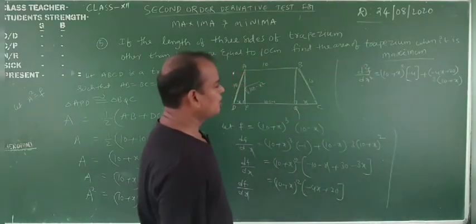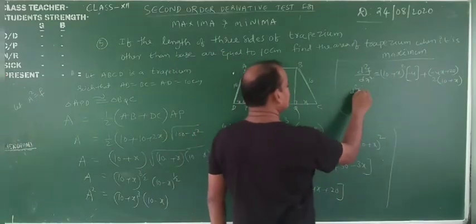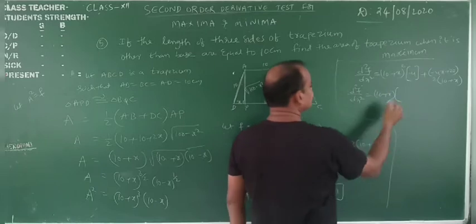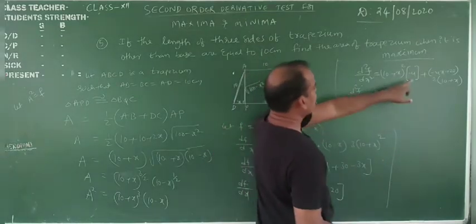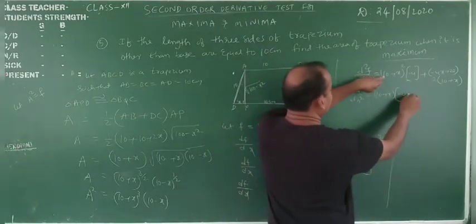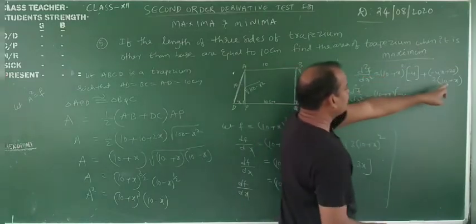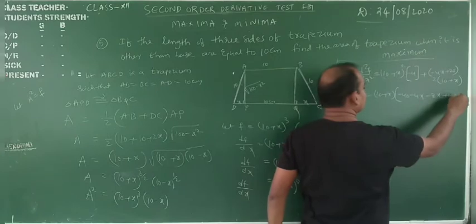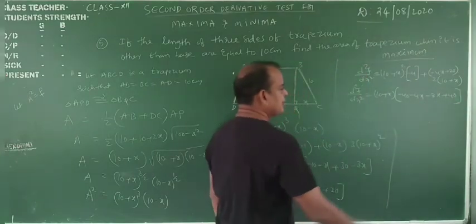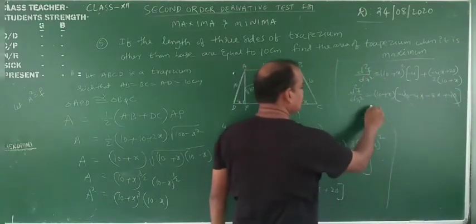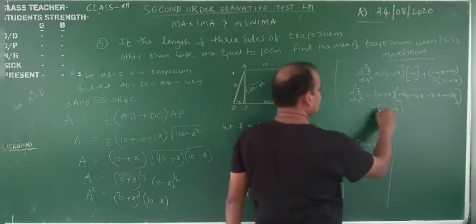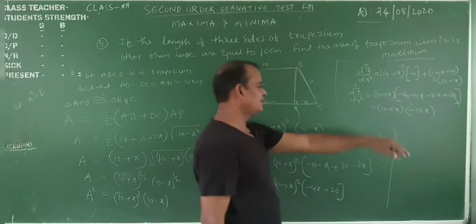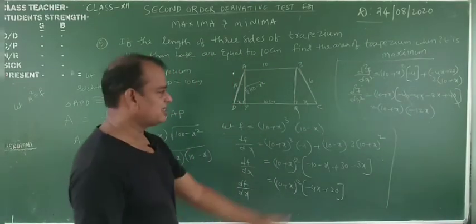Now taken common overall 10 plus x. d square f by dx square is equal to 10 plus x taken common out. What are the remaining terms here? Minus 4 into 10, minus 40 minus 4x. 10 plus x taken common, this is 2 into minus 8x plus 40. Minus 40 plus 40 cancel. Now 10 plus x into minus 4x minus 8x, minus 12x. 100% that is negative, less than 0.